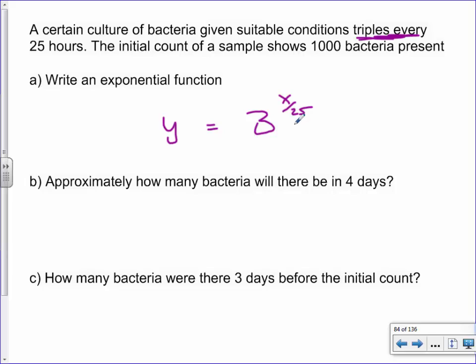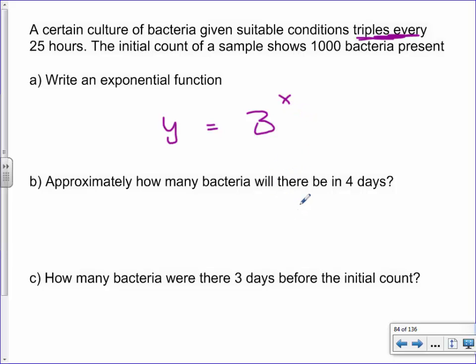But what happens if it's been 25 hours? 25 over 25 is 1, which means that this 3 will happen once. What happens if it's been 50 hours? Well, we'd know intuitively, hopefully, that in 50 hours, it should triple twice. So that means we want this exponent to be 2. Well, 50 divided by 25 would be 2. So that kind of gets us started.